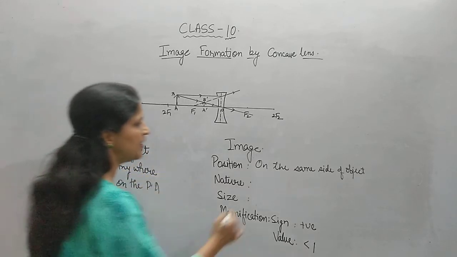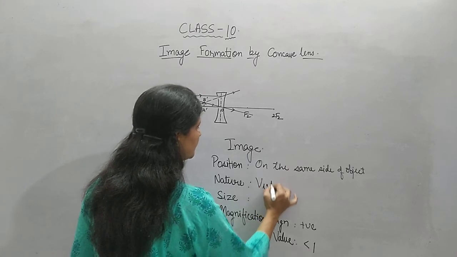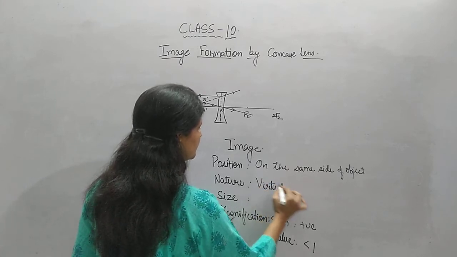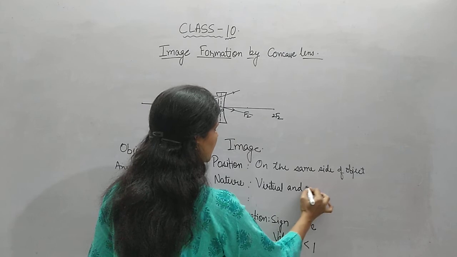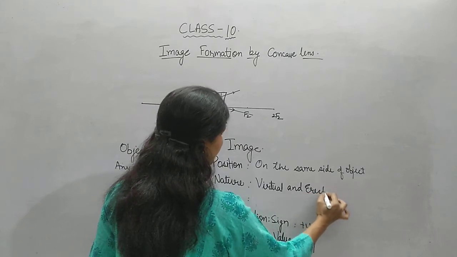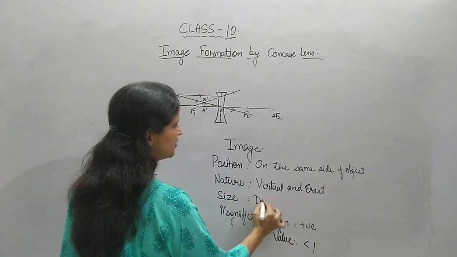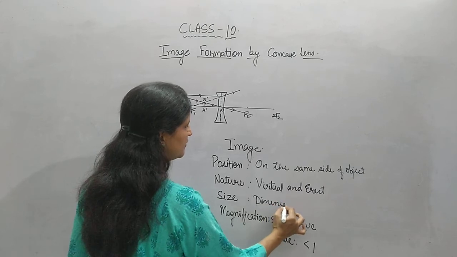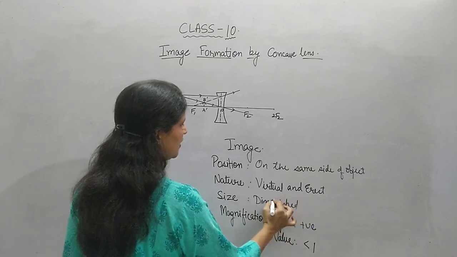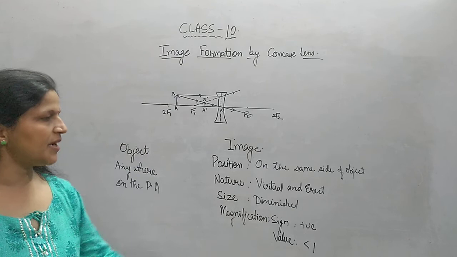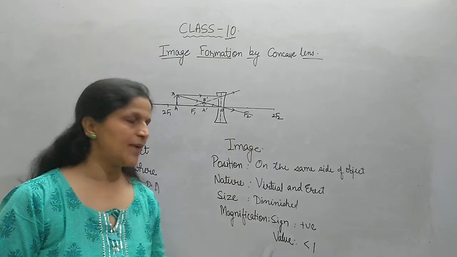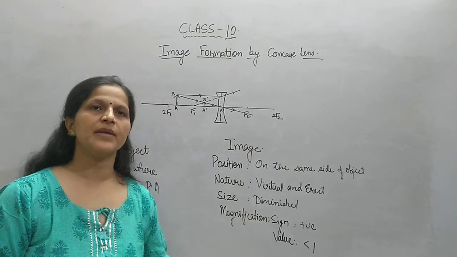So nature will be virtual and erect. Size is diminished, and since it is a virtual image, the sign will be positive for magnification and its value will be less than 1.